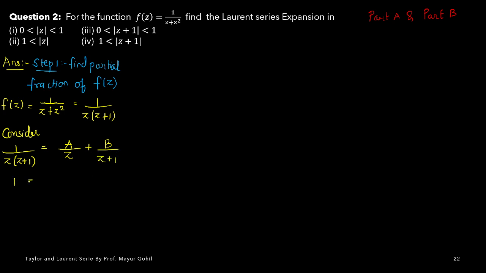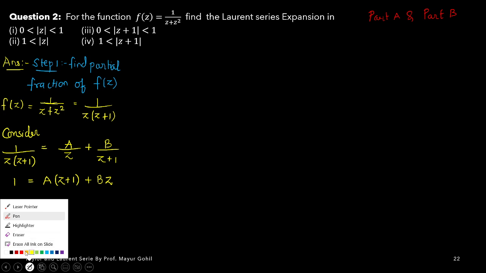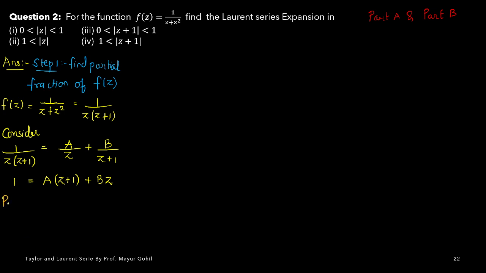So 1 is equal to a times z plus 1 plus b times z. Now you choose some value for z. I'll put z equal to 0. The moment I put z equals 0, I get the value of a as 1.